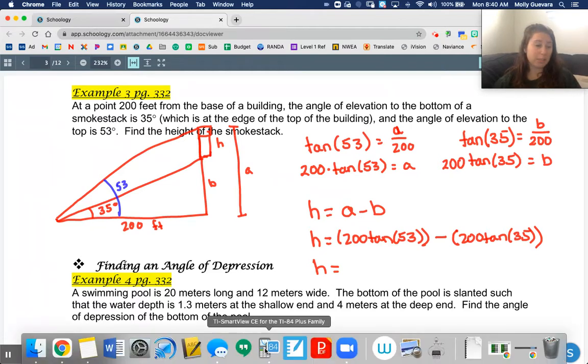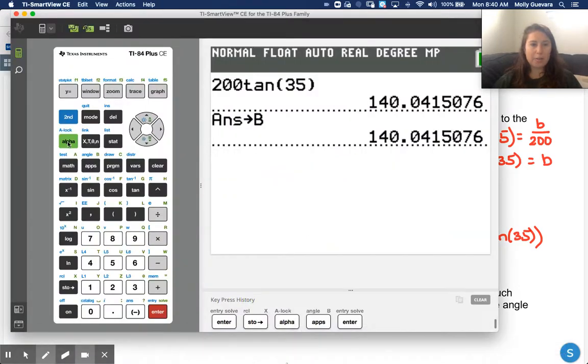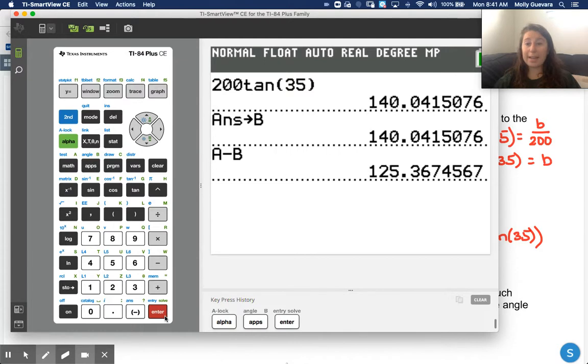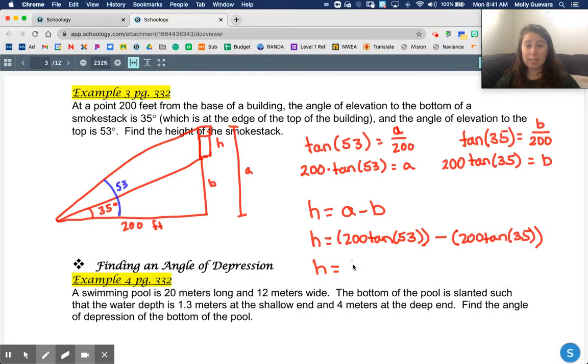So let's go back to our calculator, and I'm going to do alpha A minus alpha B, hit enter, and I get 125.3, how does it want me to round? Let's just do 3 decimal places. So 125.367 feet. So H is 125.367 feet. So that is how tall the smokestack is.